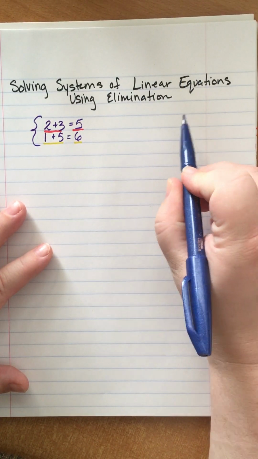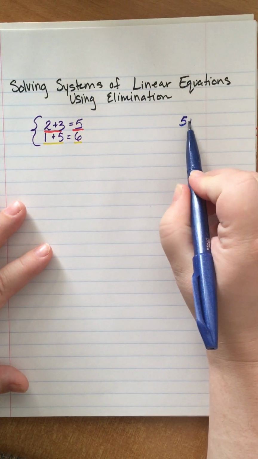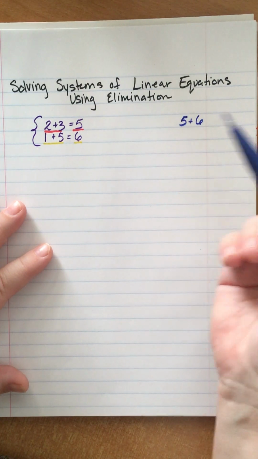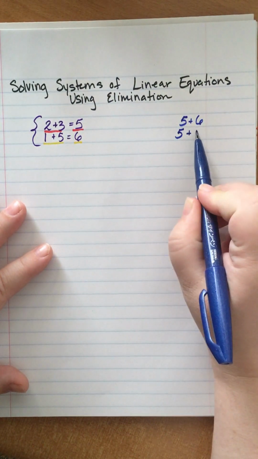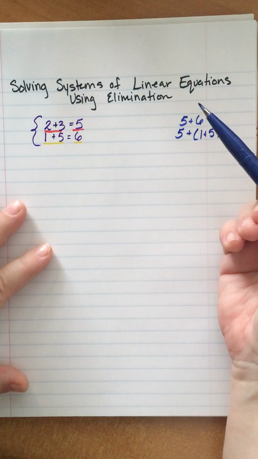If I said I was going to add 5 and 6, so 5 plus 6, since 6 and 1 plus 5 are equivalent, that would be the same as saying 5 plus 1 plus 5. Those would be equivalent.